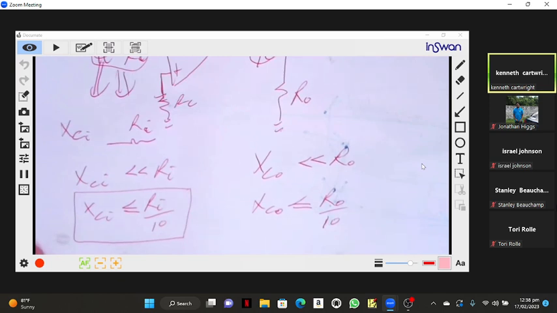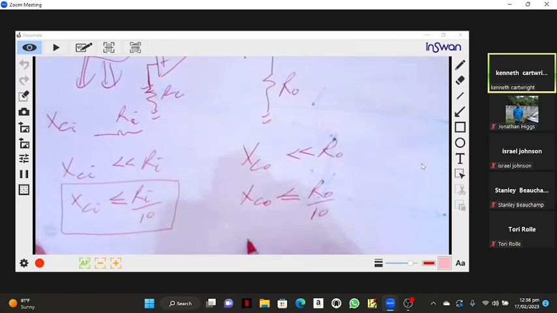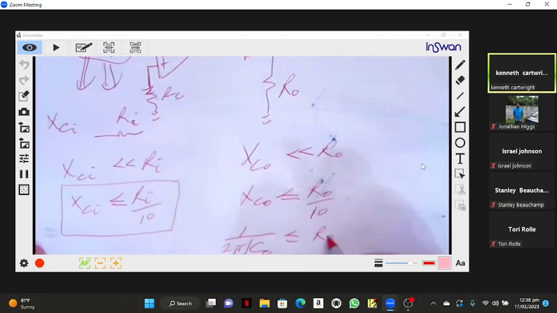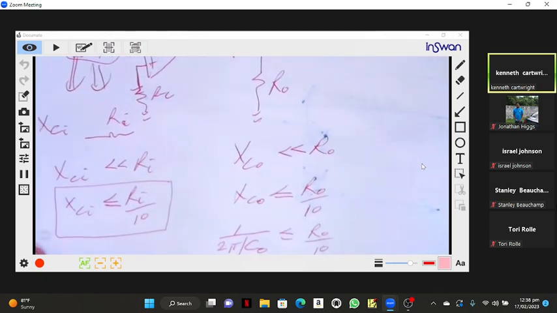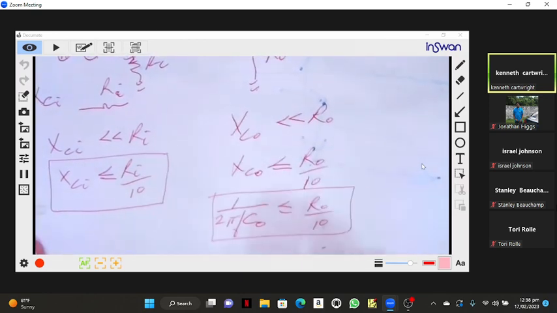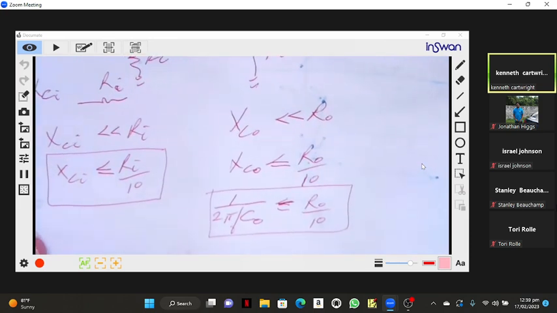Any questions about that? So we mean 1 over 2 pi F CO is less than or equal to RO over 10. Okay, and let's take the equal sign.